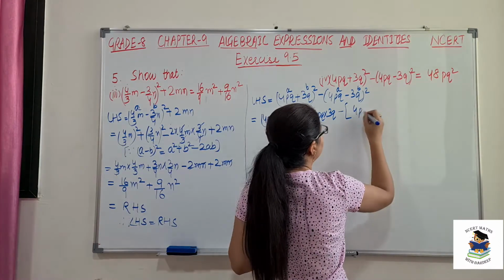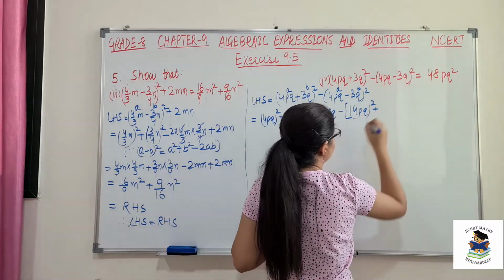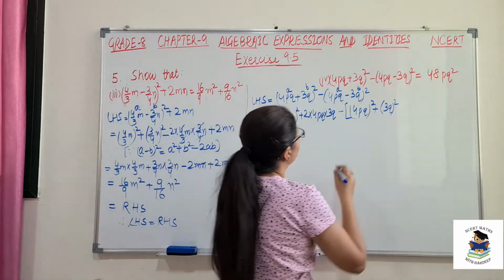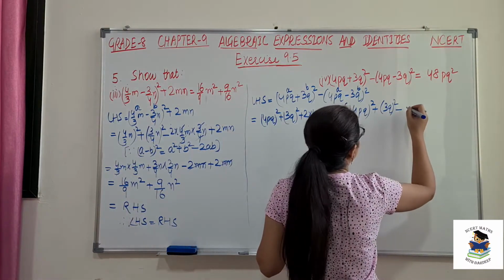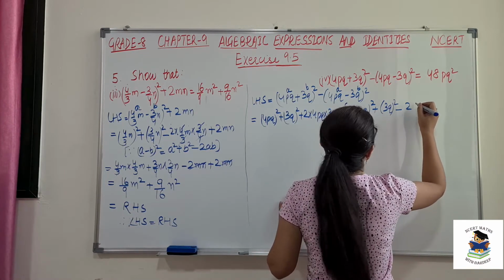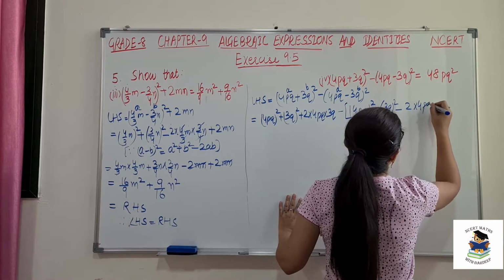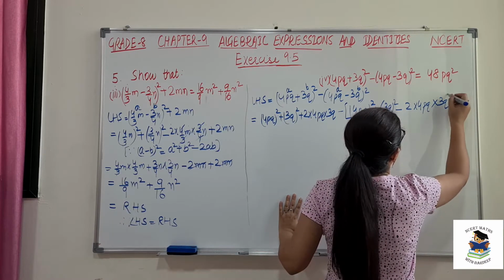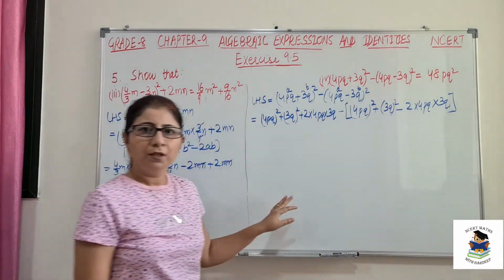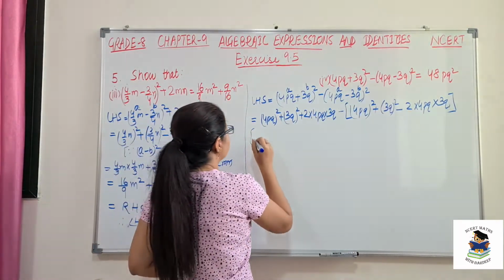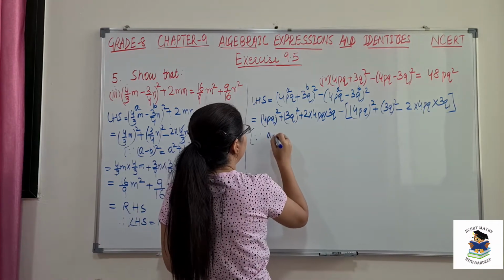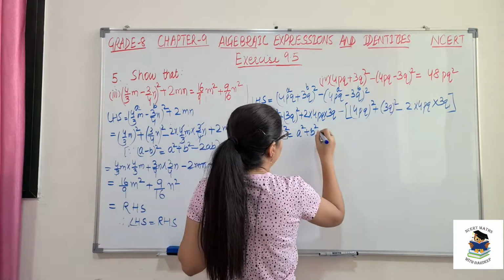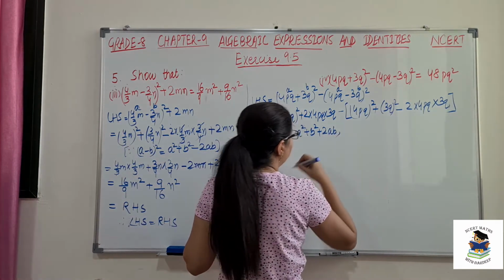So (4pq) whole square, that is a square, (3q) whole square, that is b square. Since this is minus (a minus b) whole square, so minus 2ab. So 4pq multiplied by 3q and we will close the bracket. Okay, but we should tell also why we have used this. This is (a plus b) whole square is equal to a square plus b square plus 2ab.